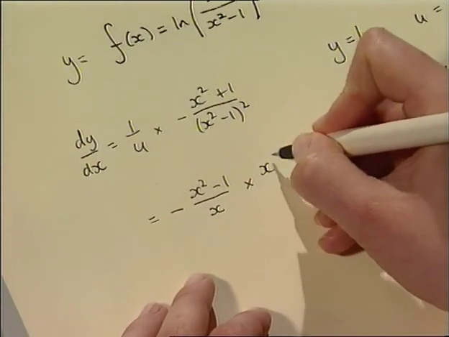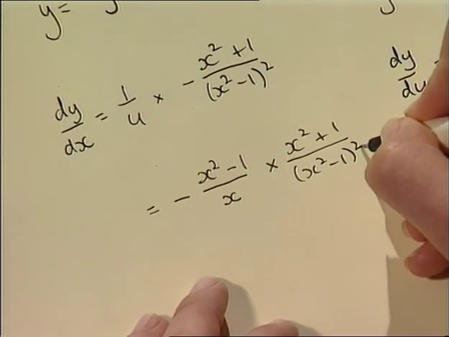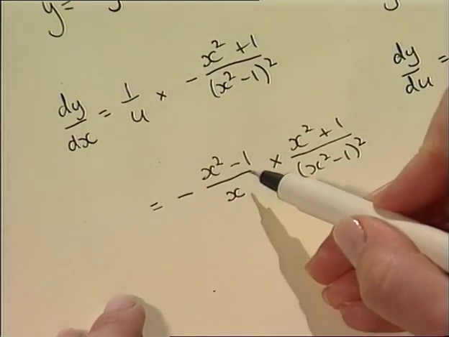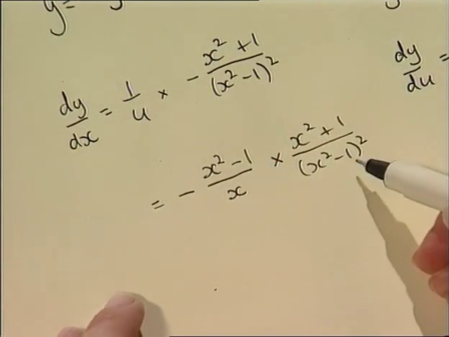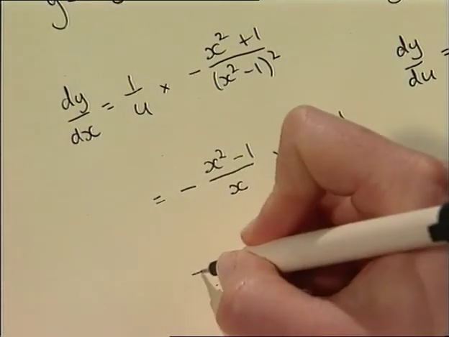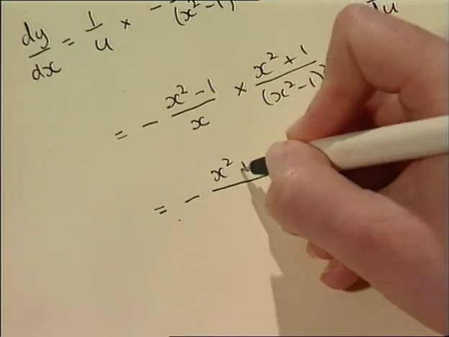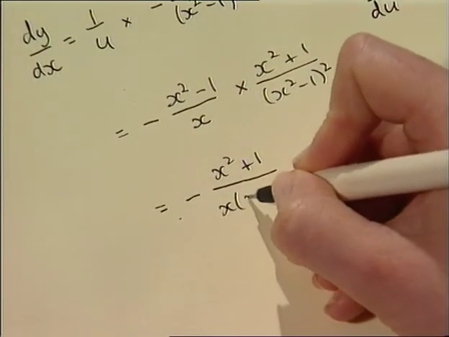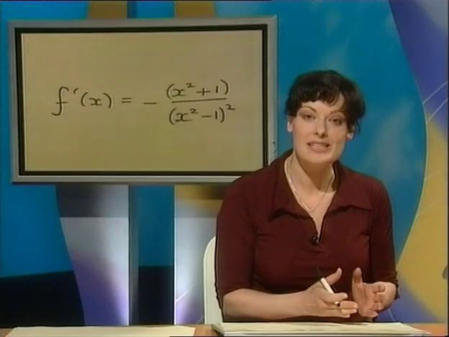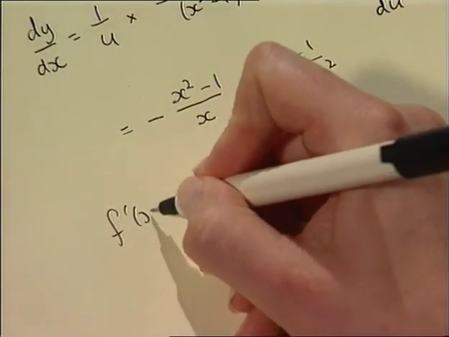Well, I can make this even simpler by cancelling the x squared minus 1, and that just leaves me with x times x squared minus 1 on the bottom. So that's negative x squared plus 1 over x times x squared minus 1 as the denominator. And again, expressing this in the same notation as the question, I need to write f dashed of x.